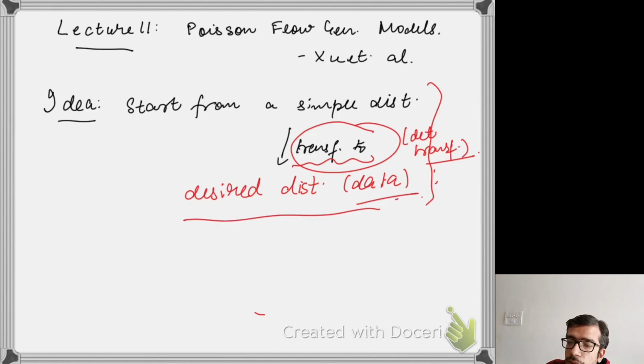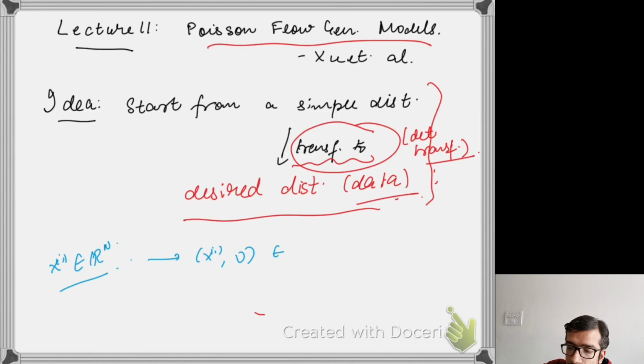So just to give you a high level idea of how this sort of transformation works, let's say your points are in some n-dimensional space. What you do is that you append an extra dimension. So basically you transform every xi to (xi, 0). That will make it an n plus 1 dimensional point.